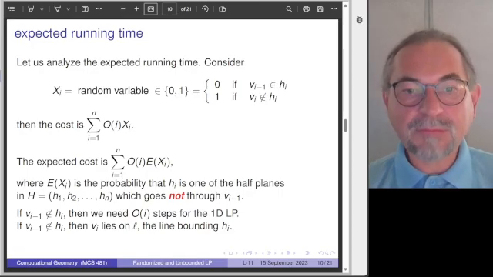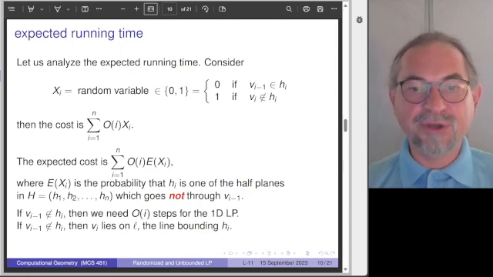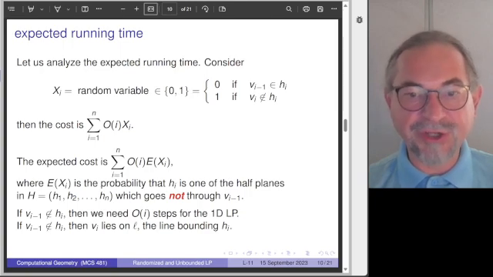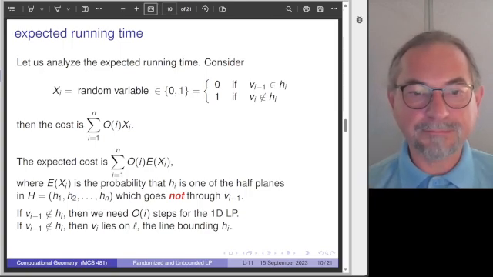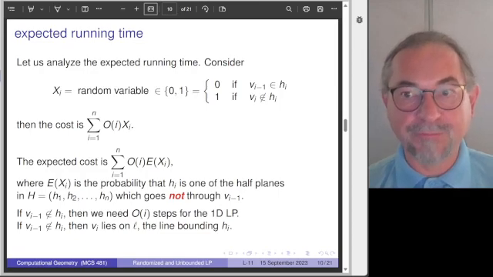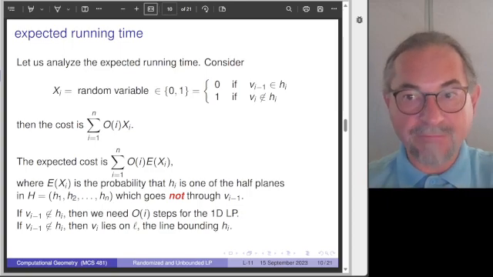So this expectation is the probability that the next half plane actually does not change the current optimum. Okay, and we showed last time if the current optimal vertex does not belong to the new half plane, then the feasible region changes.